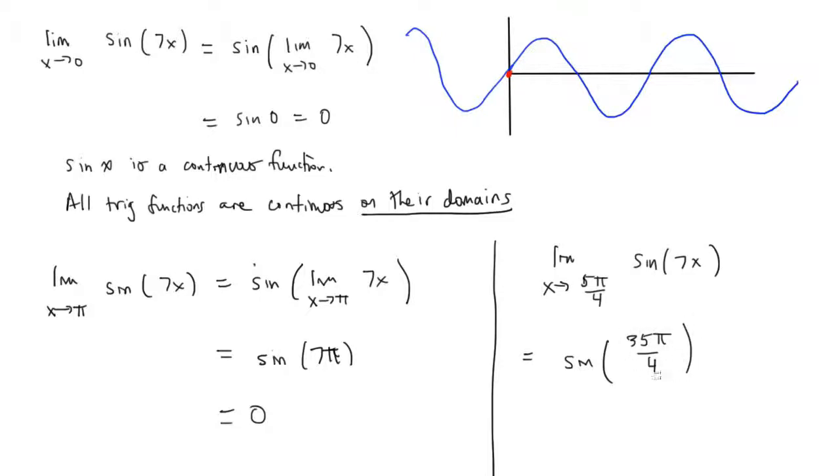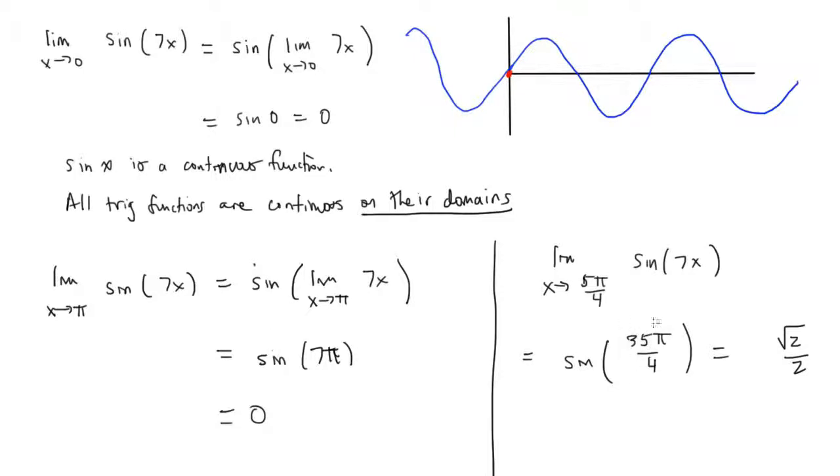And then we just have to think about which quadrant this is in, and so on. So it's going to be square root of 2 over 2. The question is whether or not we need a minus in front. So we just have to count. 35 divided by 4, well, 36 over 4 is 9. And so this one is just shy of 8 full 4 pi increments.